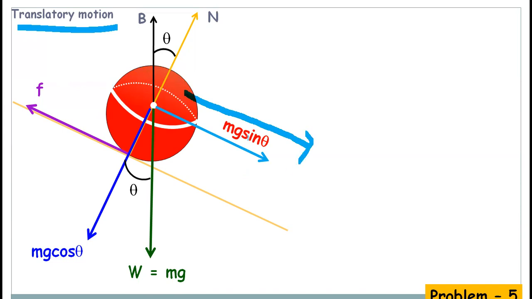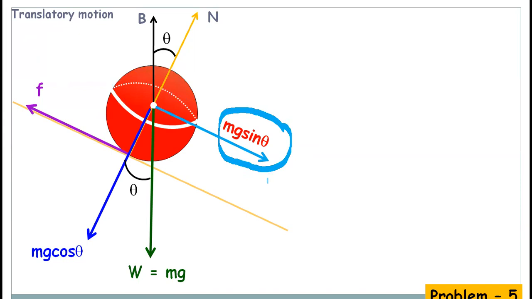So there must be a force for the translatory motion. In the direction in which your sphere slides, the component of the gravitational force mg sin theta acts, and that is responsible for the translatory motion of the sphere. So who is responsible for the translatory motion? The component of the gravitational force, or weight, of the sphere. So mg sin theta provides translatory motion to the sphere.